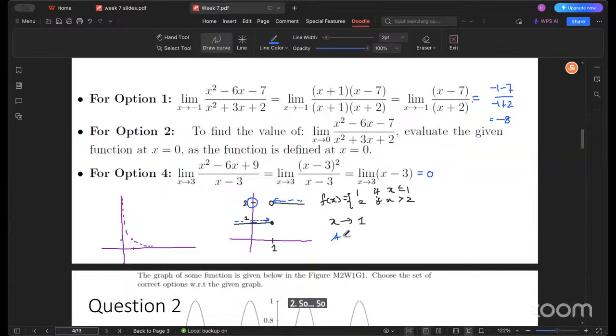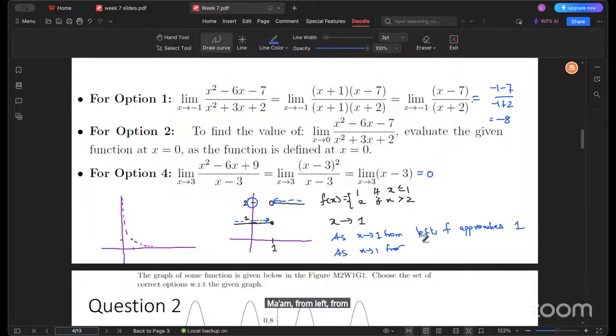So, as x goes to 1 from the right, f approaches 1. And x goes to 1, sorry, from the left.